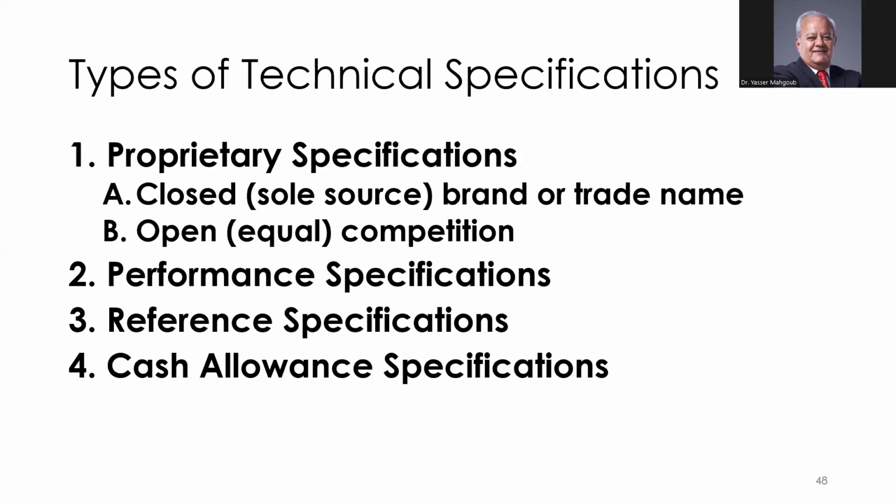We have what we call proprietary specification. These are closed, brand or trade, open, equal competition. And we have a trend in specification that is not commonly used, called performance specification.